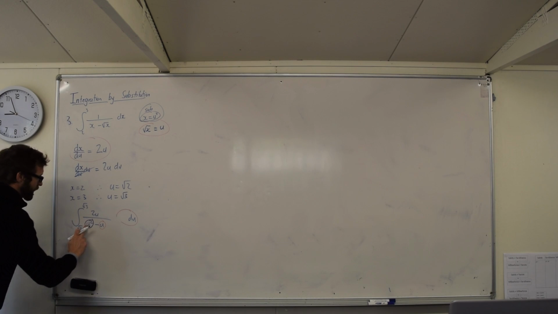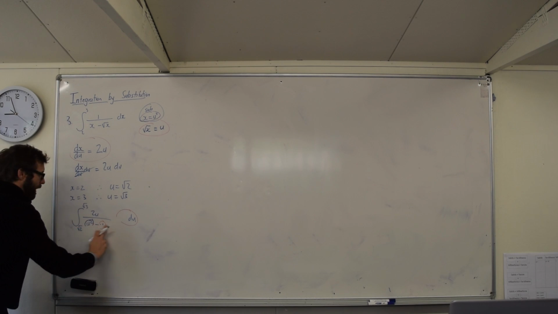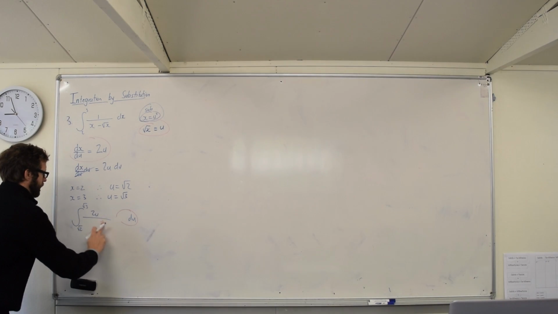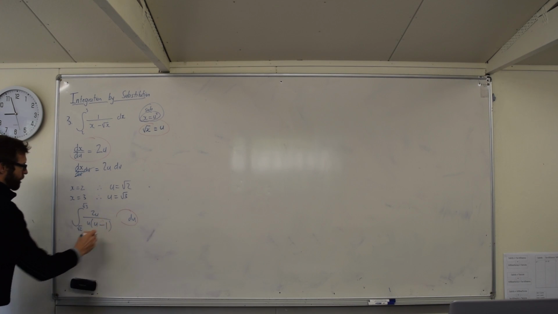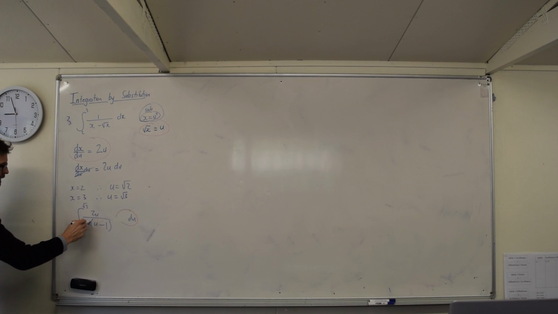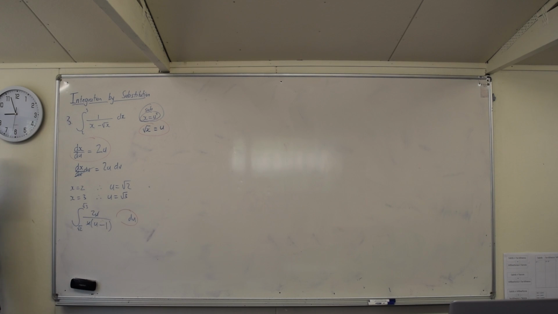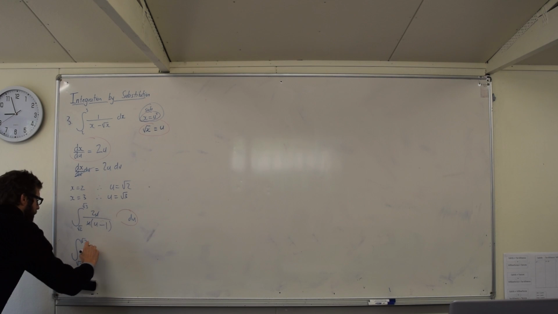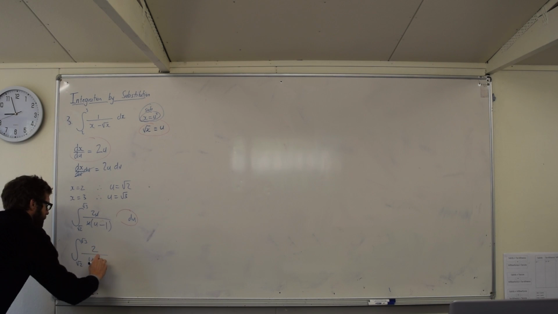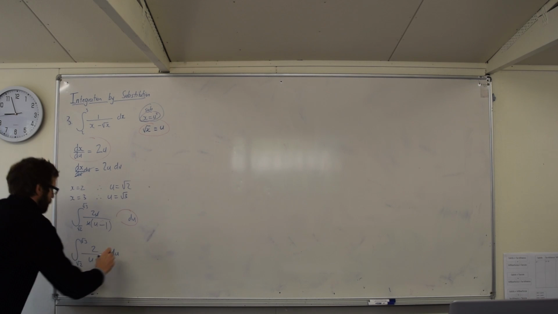So the bottom would be u into u minus 1. And then we could cancel out the top and bottom u's. So we're left with the integral between square root 2 and square root 3 of 2 over u minus 1 du.